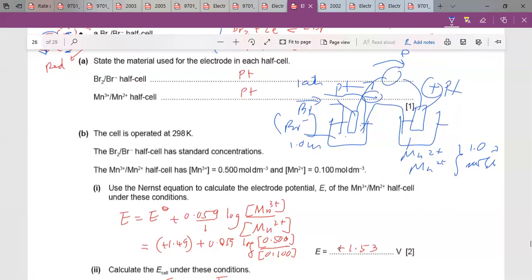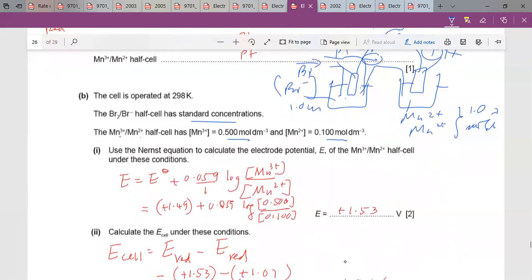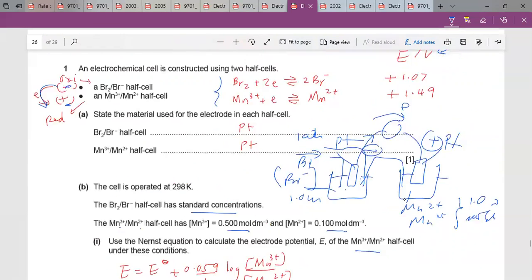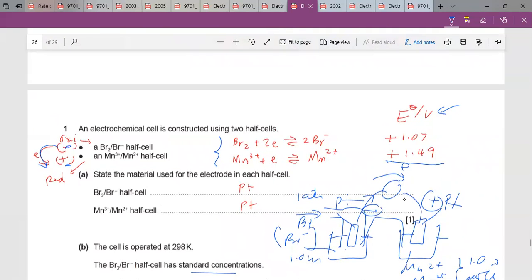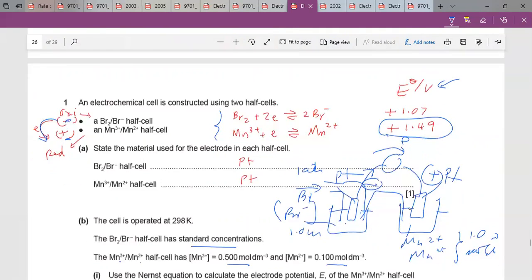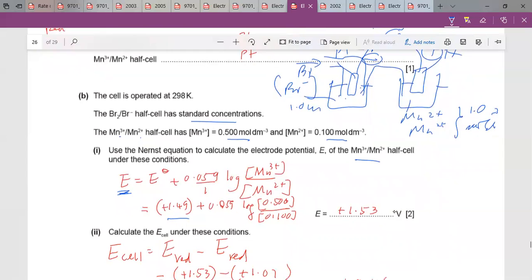Right. So they say Br2 and Br minus is standard. Mn3+ and Mn2+, of course, is different, so use the Nernst equation again. Same pattern as the other one, right? So find the Nernst equation for the Mn3+, Mn2+. This is standard here, 1.49, plus, of course, 0.059.